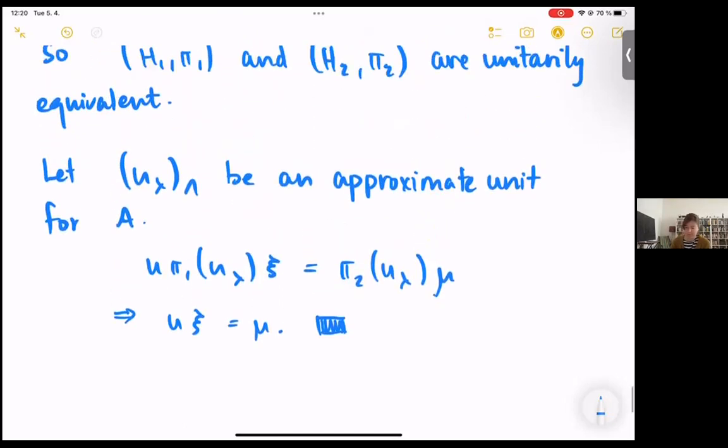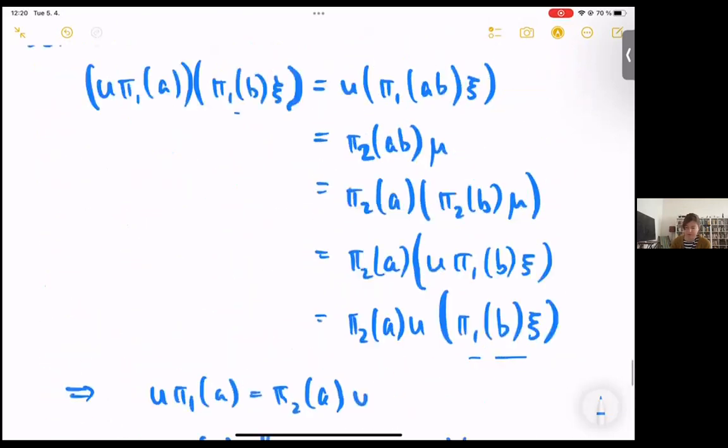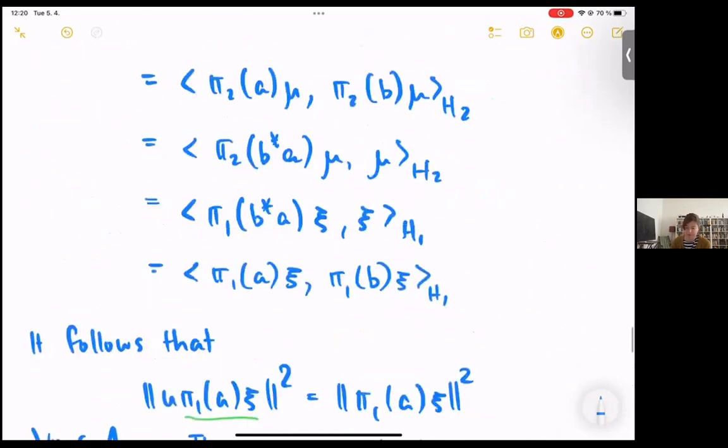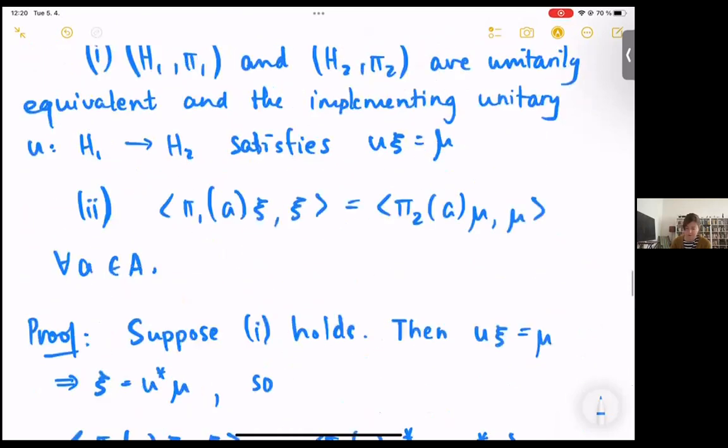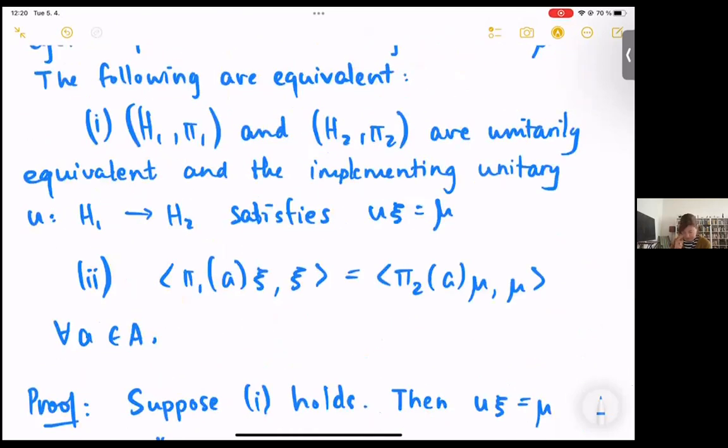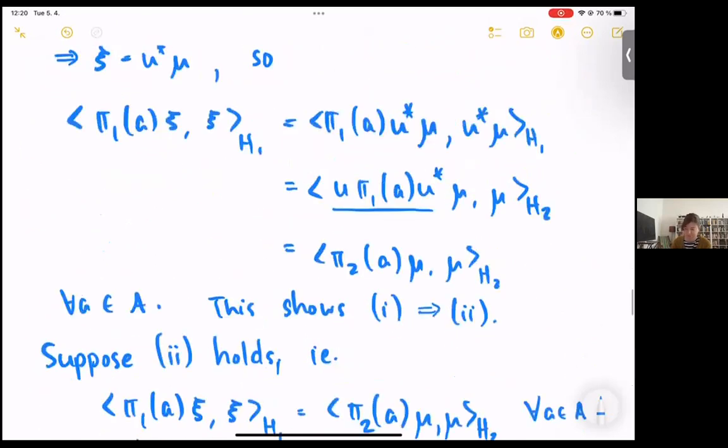So up to unitary equivalence, you can see that unitary equivalence really means that these are essentially the same representations.